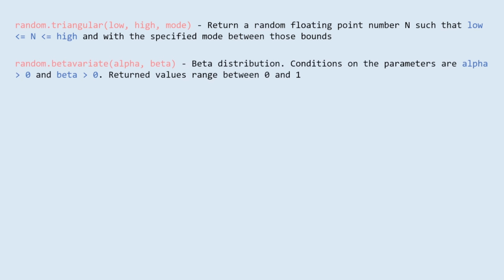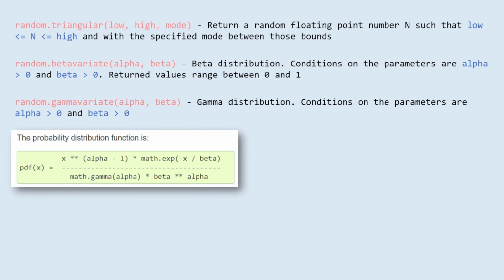betavariate, beta distribution. Conditions on the parameters are alpha greater than 0 and beta greater than 0. Returned values range between 0 and 1. gammavariate, gamma distribution. Conditions on the parameters are alpha greater than 0 and beta greater than 0.